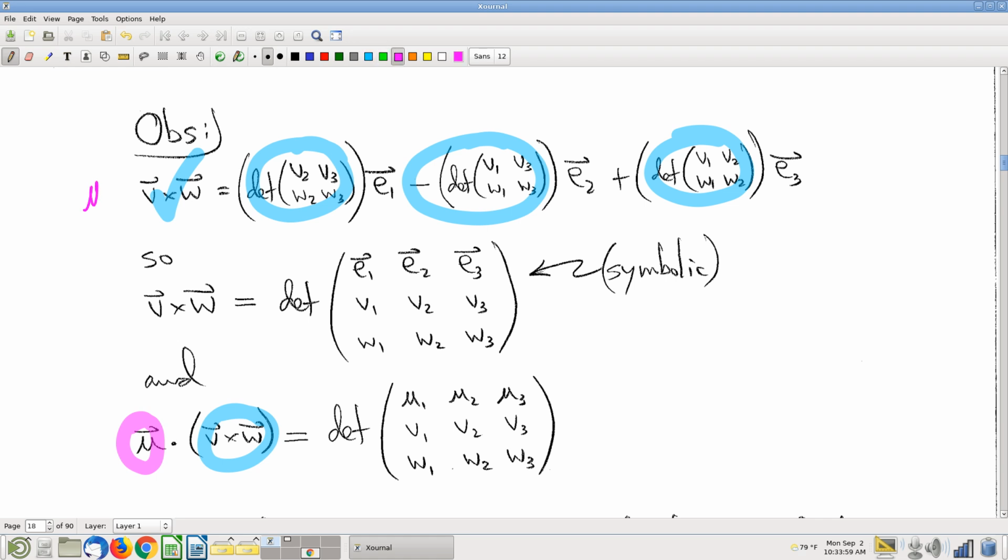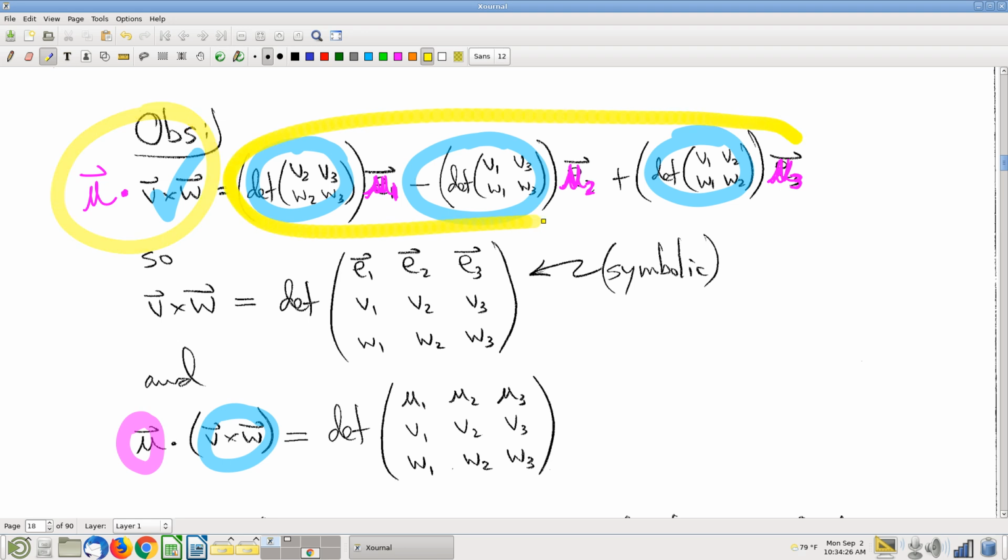So if I want to do U dot V cross W, I'm going to take these blue coordinates that I have circled and I'm going to multiply by U1, U2, U3, right?